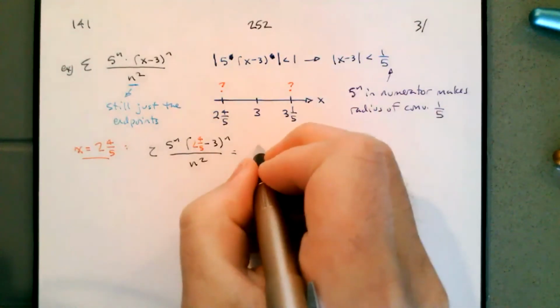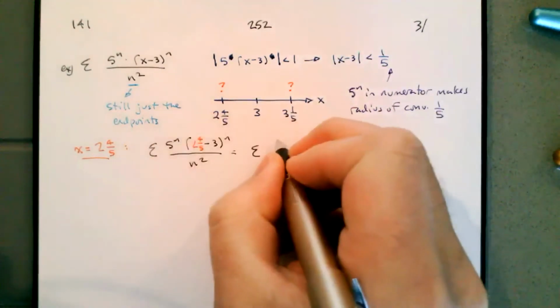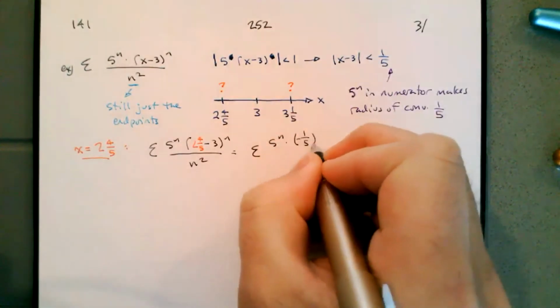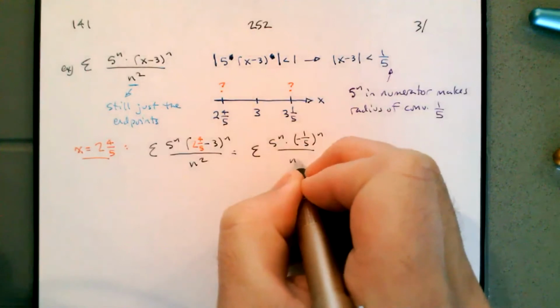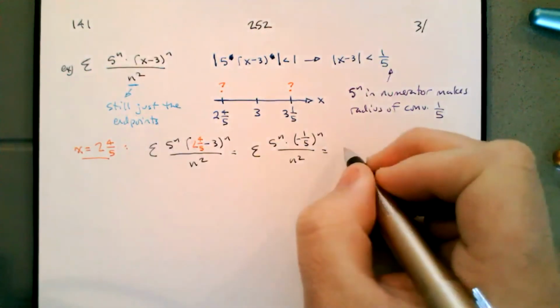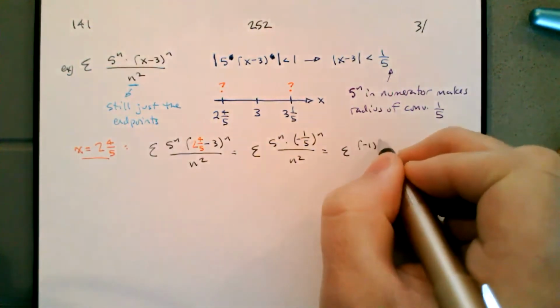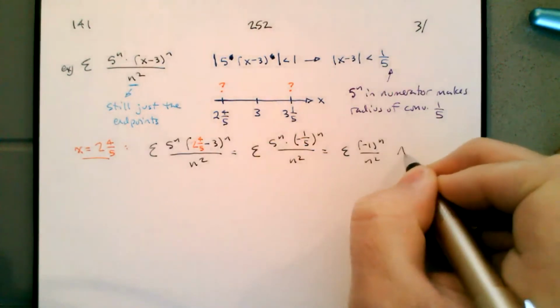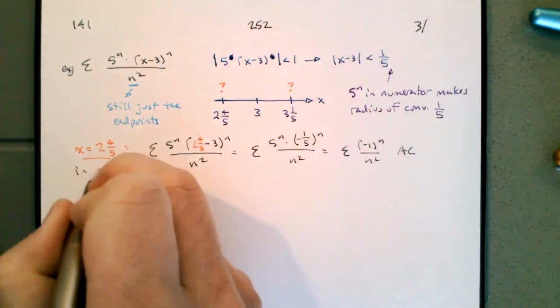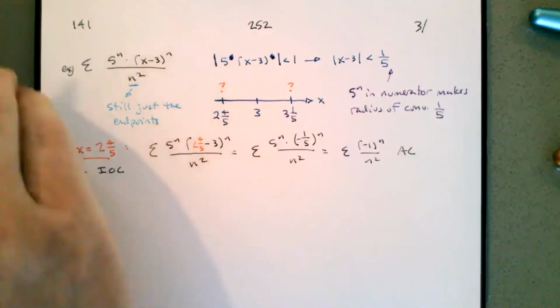So I'm going to end up with a sum of 5 to the n times a negative 1/5 to the n, and all that exponential part that was determining our radius of convergence cancels out. And we just get the series negative 1 to the n over n squared. Absolutely convergent. 2 and 4/5 is in the interval of convergence.